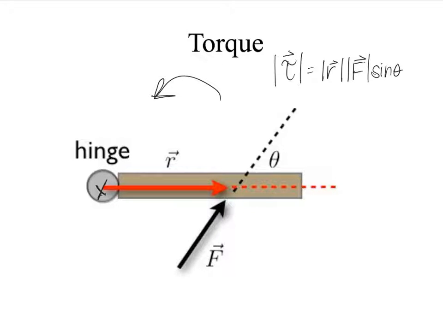If we think about the force acting along this direction, we realize that this is F sine theta, which makes sense because it's only that perpendicular component of the force which is going to cause the rotation. The parallel component, F cosine theta, would act all the way through the hinge, and if we pull in that direction, there's not going to be any sort of rotation.